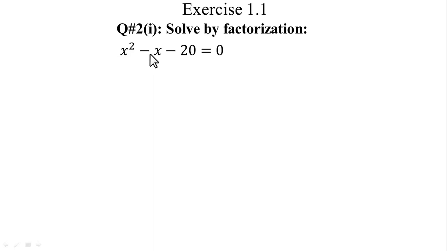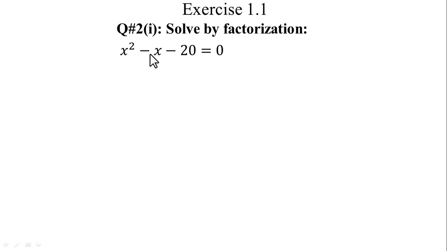When multiplying both terms the answer is minus 20, and adding gives minus 1. So 5 multiplied by 4 is 20, but we require the larger term 5 as a minus and the smaller term 4 as a positive.